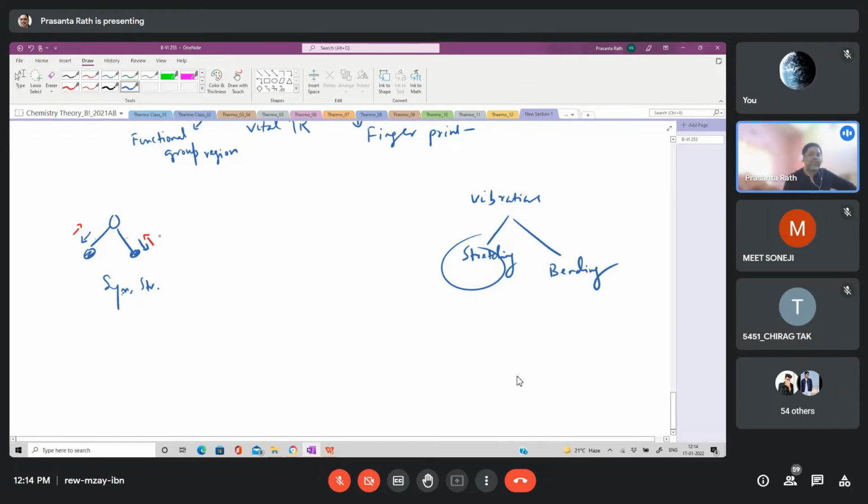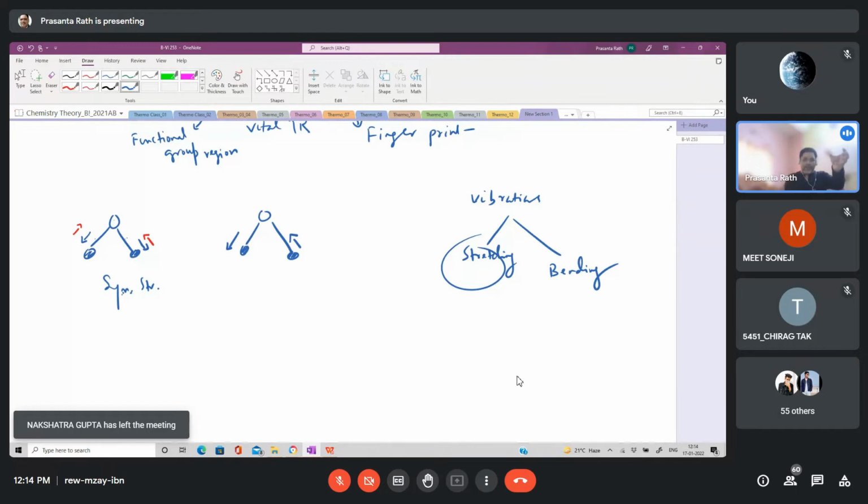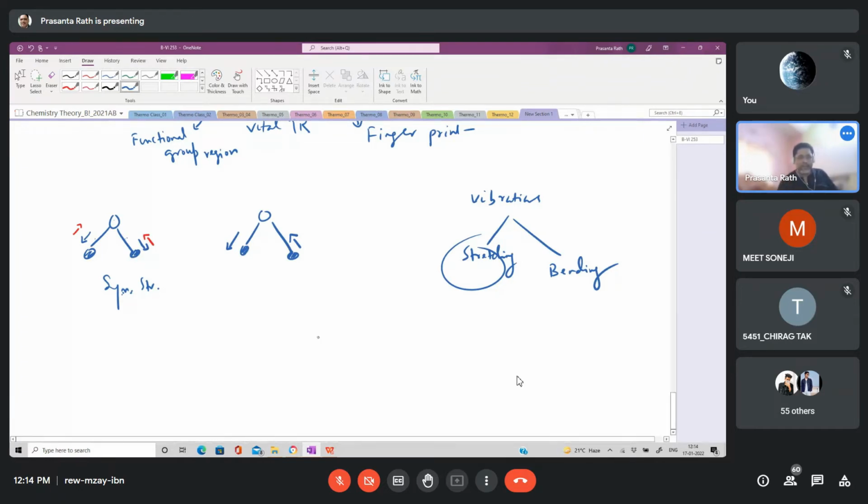We call this symmetrical stretching. So then what is asymmetrical stretching? From the name itself it is clear that there should be another one. Asymmetrical means you bring one outside and take one inside, like this. You bring out one and push the other inside, then again the reverse. Do you understand my hand movement? Can you see? Are you getting my point? One inside, the other outside, then this one inside, this one outside. Alternate. Do you understand? Yes, sir. Asymmetrical stretching. So this is symmetrical stretching and this is asymmetrical stretching.